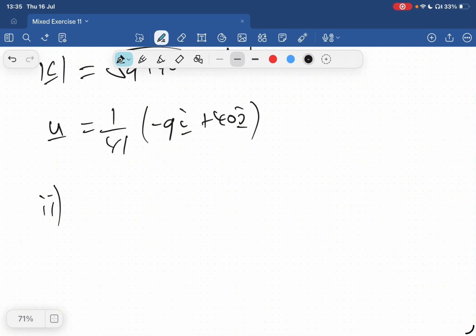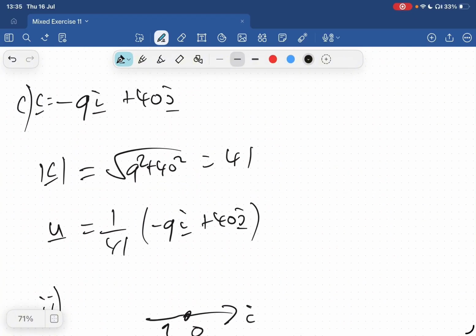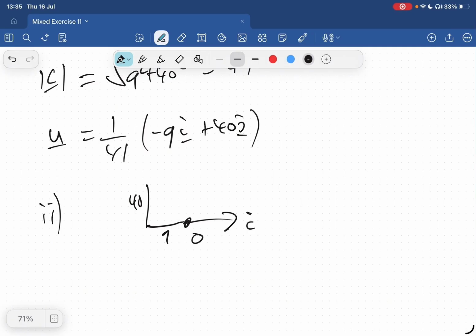Here's our origin. Here is i, but it's going back 9 and it's going up 40. We want to find the angle it makes with i, so we want to find this angle. If we can see this triangle, we find this angle x, which is easier, then we can do 180 take away that.